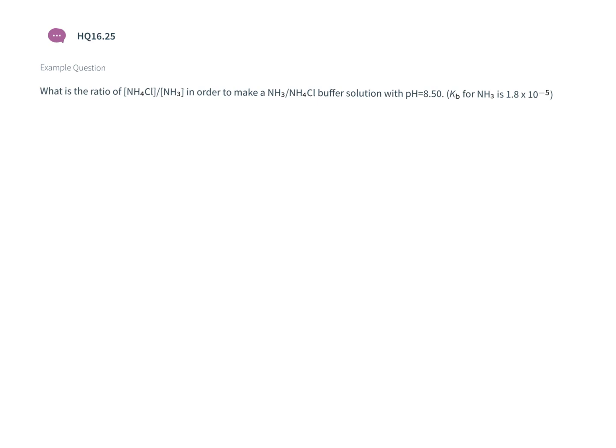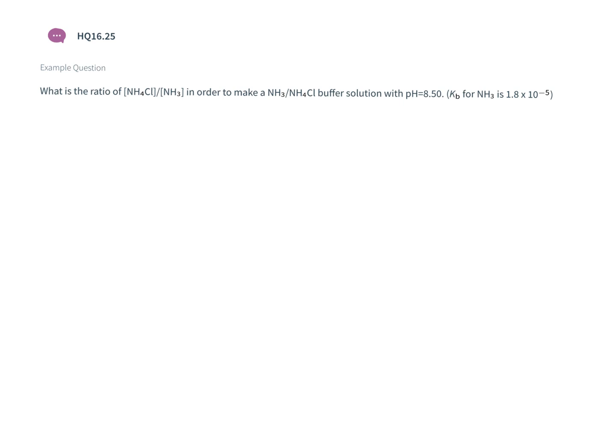Question 25 is actually pretty challenging, and it's pretty challenging because they're making it a little bit more confusing than it needs to be. We're asked, what is the ratio of ammonium chloride to ammonia in order to make an ammonium chloride buffered solution?